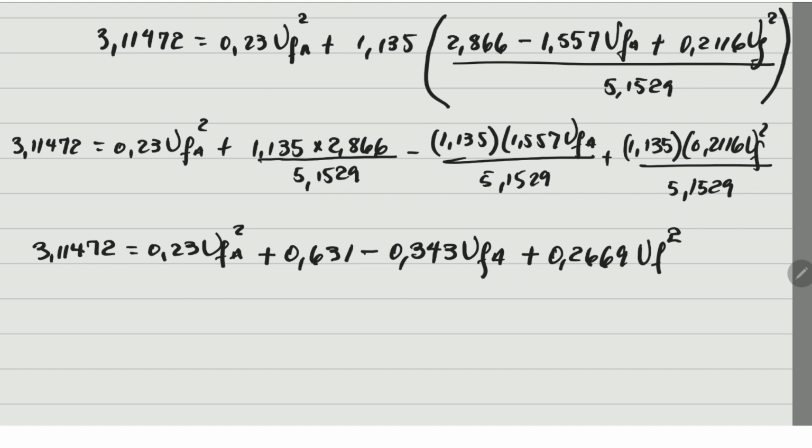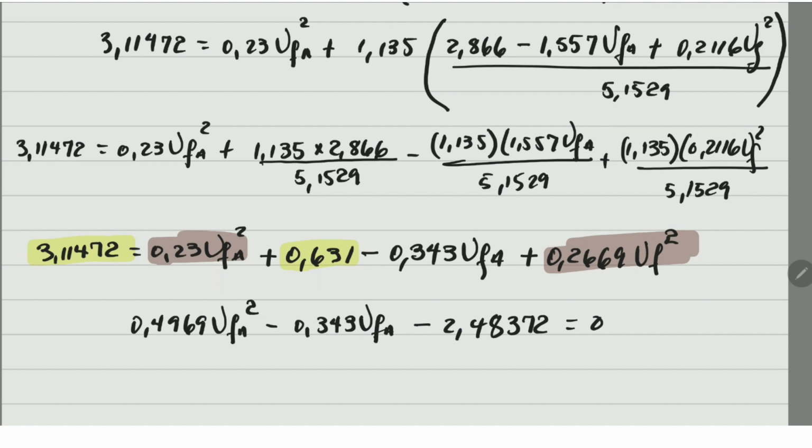Okay, so after we solve this one, we have now this equation. Now we have like terms. If we look, we have this number and this one here. They are like terms, and we have this one and this one, and we are going to group the like terms, and I'll show you. And now here we are in a quadratic equation.